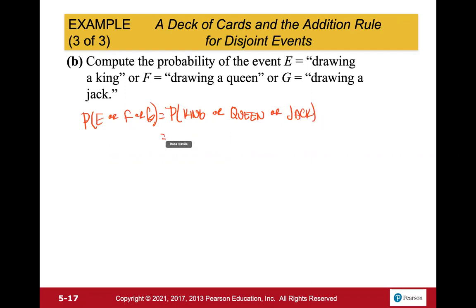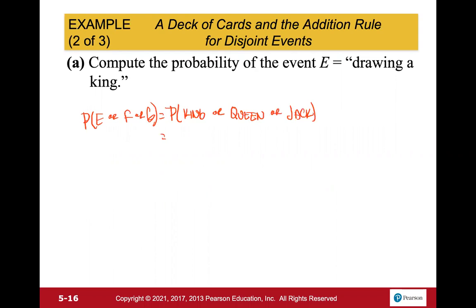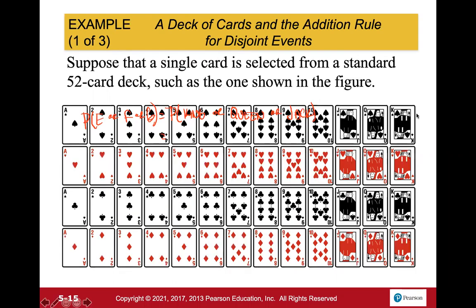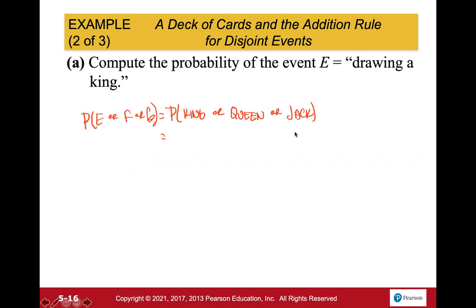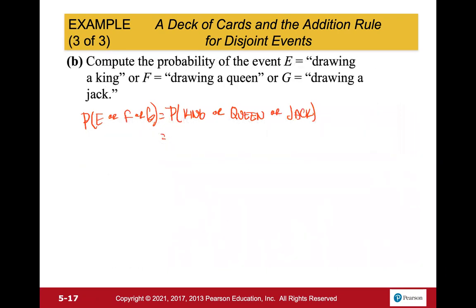There is not one card that could fall into two categories at once. So they're all disjoint. Remember king, queen, and jack. There is not one card that falls into jack and queen or jack and king or anything like that. So we're able to see these as independent events.